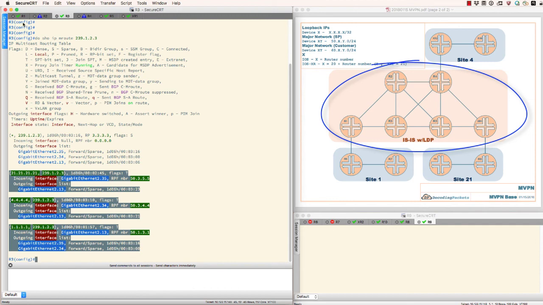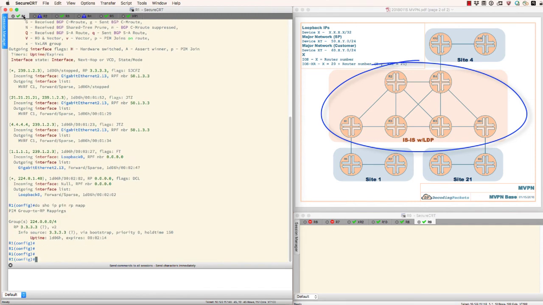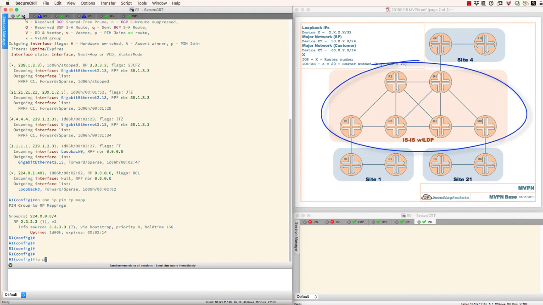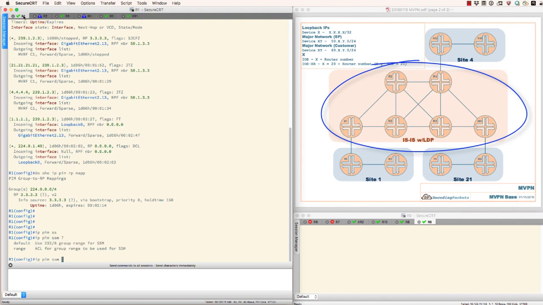So the command for that on iOS routers is ip pim ssm. And then you can either use the keyword default, which then uses the group 232/8, 232.0.0.0, whatever number of addresses to the power 24 that are in there for SSM. Or you could use an ACL to define a range.